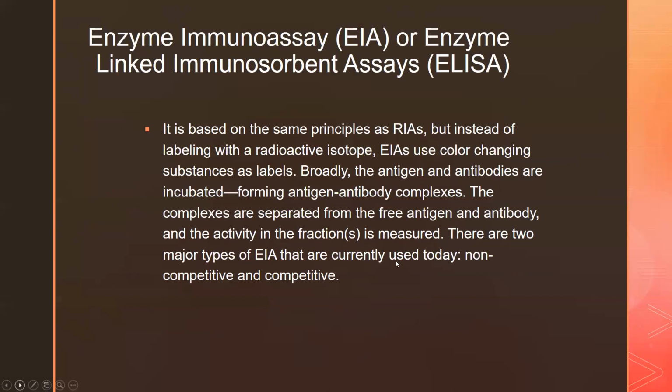Then we have EIAs, or enzyme-linked immunosorbent assays, ELISAs, which hopefully a lot of us are familiar with. It is based on the same principle as RIAs, but instead of labeling your target biomarker with a radioactive isotope, it uses color changes in the substances that are labeled. Broadly, the antigen and the antibodies are incubated, just kind of like developing film.